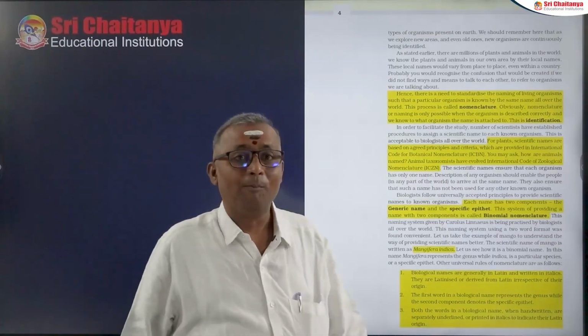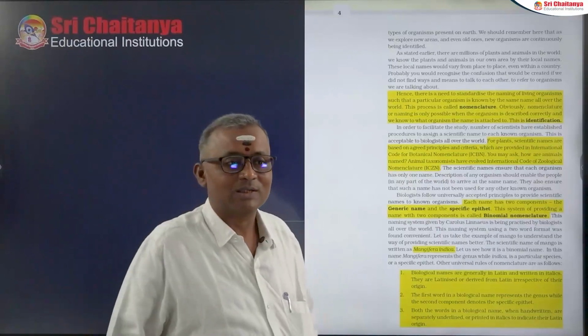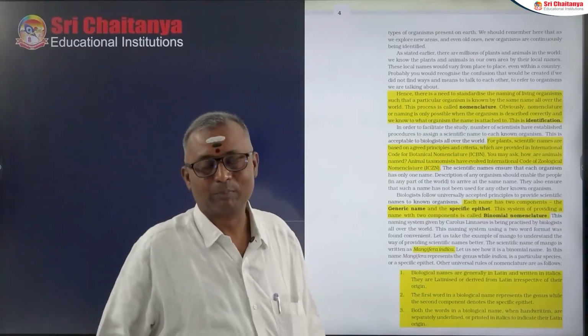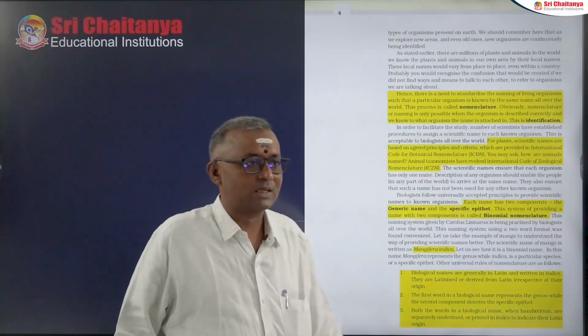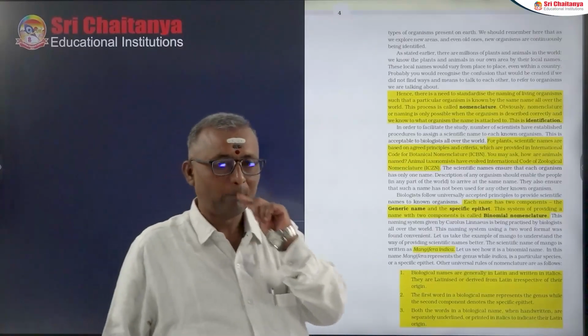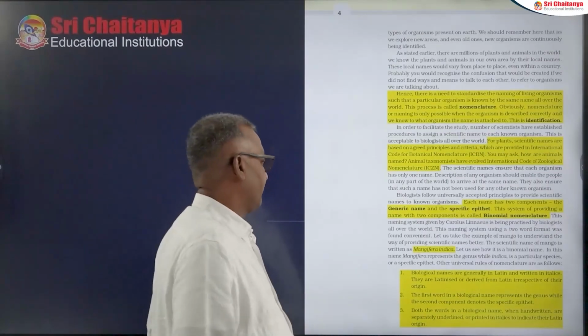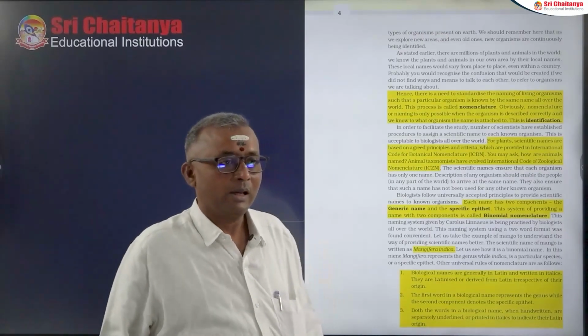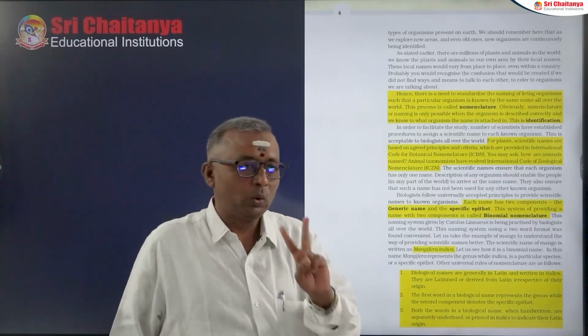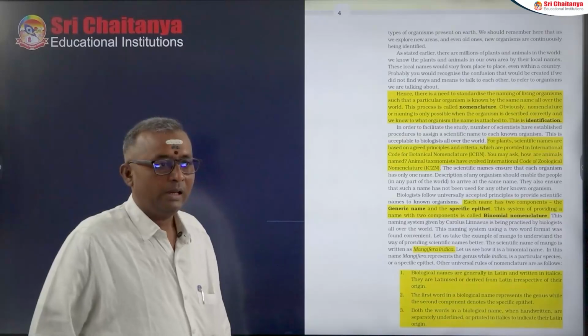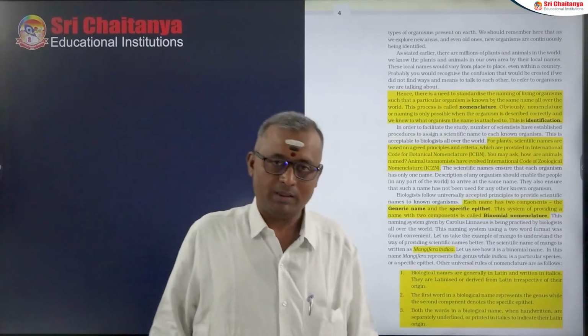Therefore, the binomial nomenclature system has been proposed. So in this binomial system of nomenclature, every organism is given a name comprising two components.